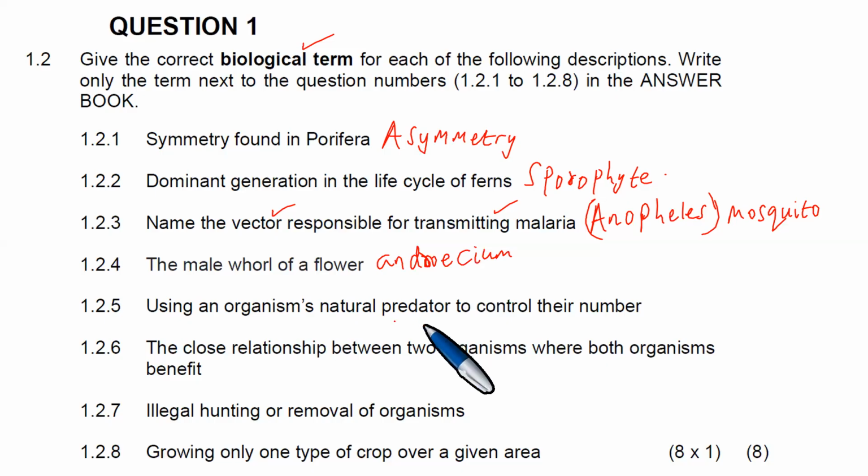Using an organism's natural predator to control their number. Okay, there is something about this 1.2.5. We need one biological term that describes using an organism's natural predator to control their number. What do we call this? That's easy.